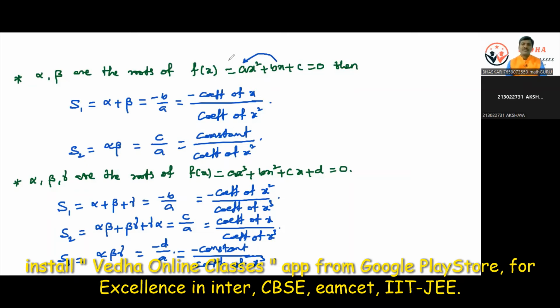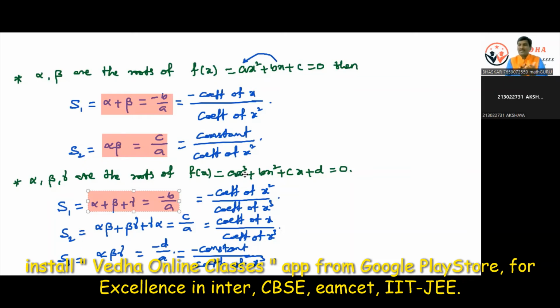All these are very important. What you have to remember: for a quadratic equation, alpha plus beta is equal to minus b by a and alpha beta is equal to c by a. For a cubic equation, alpha plus beta plus gamma is equal to minus b by a, that is, coefficient of x square divided by coefficient of x cube.